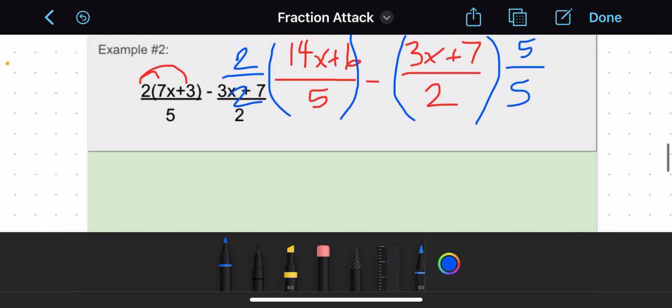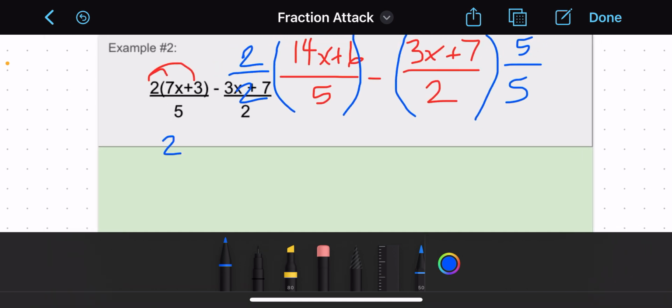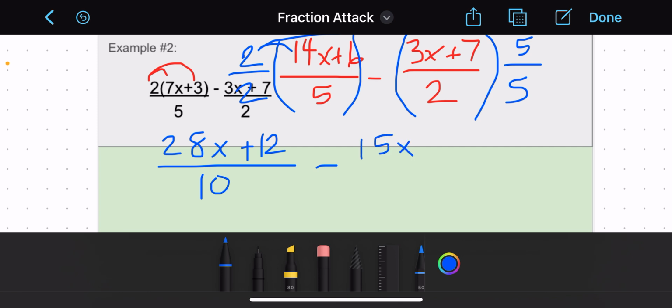So my first fraction is going to give me 28x plus 12 over 10. We're just distributing this 2 on the top and the bottom. Minus, on the right fraction, I'm going to have 15x plus 35 over 10.